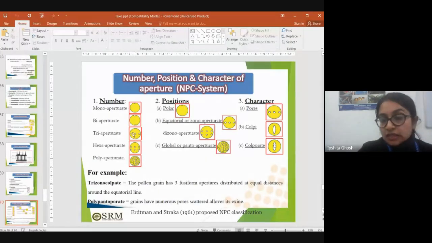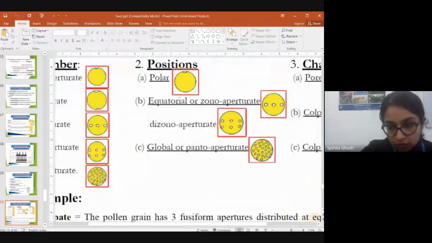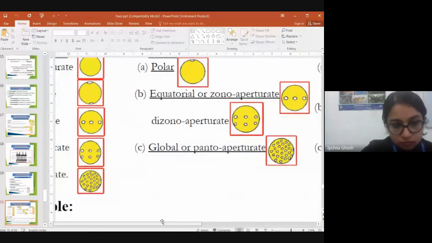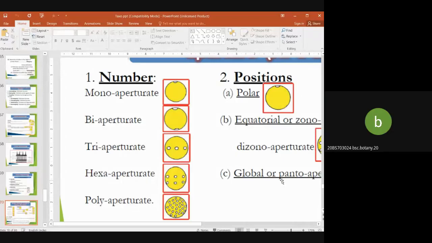So we start with the number of apertures. As you can see in the diagram, there can be a single aperture. Okay, I'll just zoom the diagram so that it's more clear to you. Can you see this? Is it clear enough? Okay.